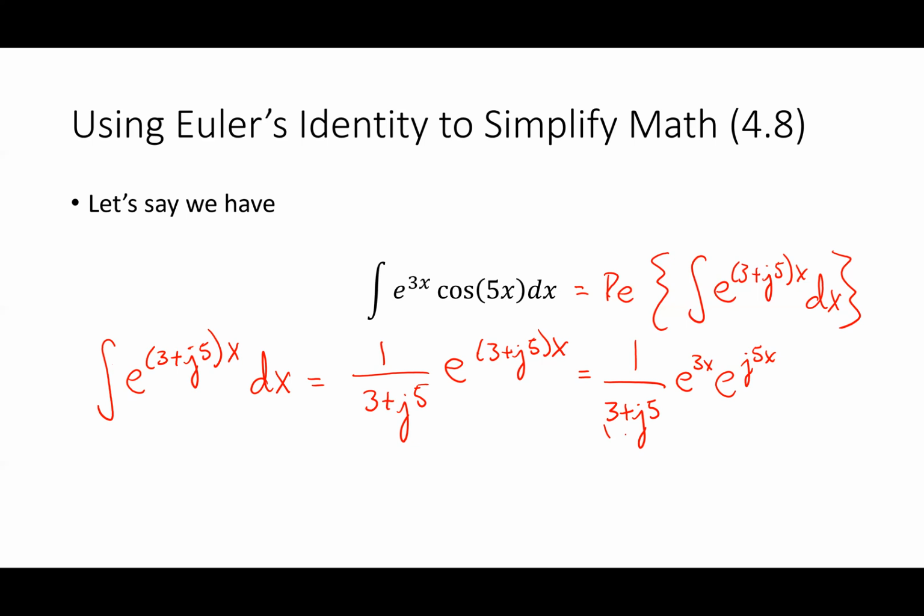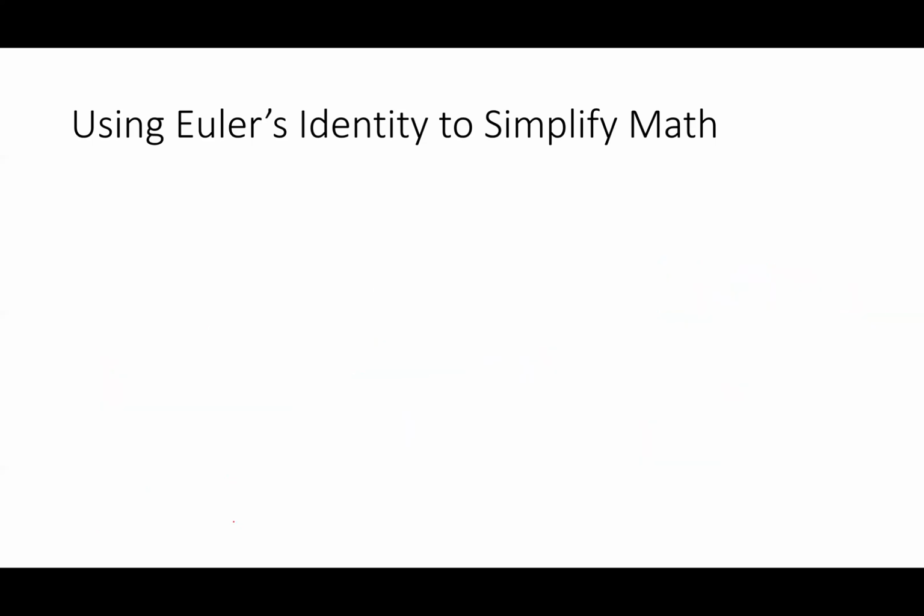So when I look at this, this would be some number A e to the j phi. So I have A e to the j phi equals 1 over 3 plus j5. I want you to tell me the magnitude and the angle of that.